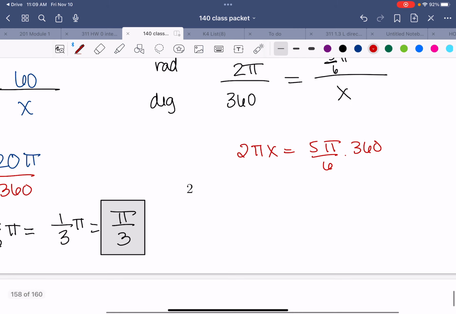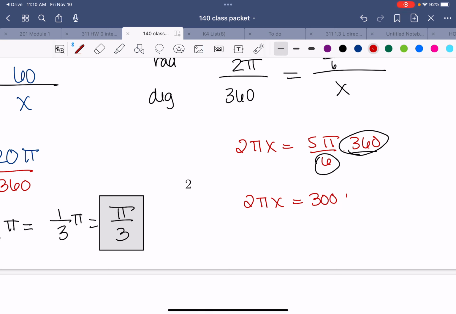Now, there are some things I can do here before I divide. Let me see, did I do that right?